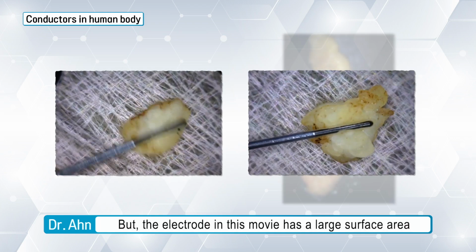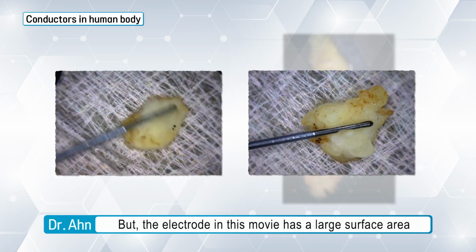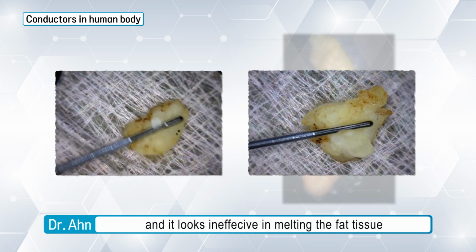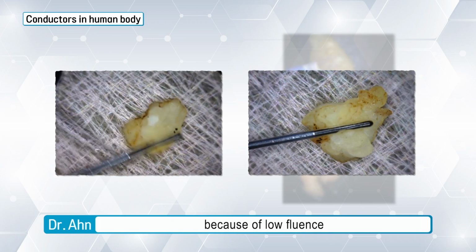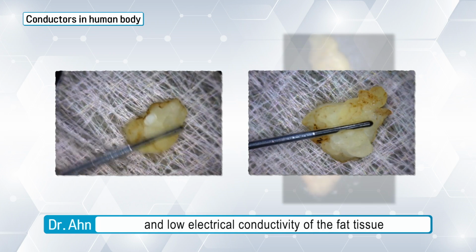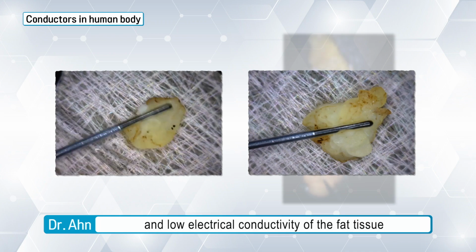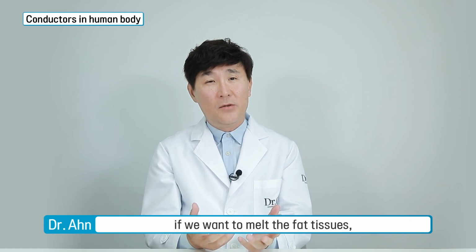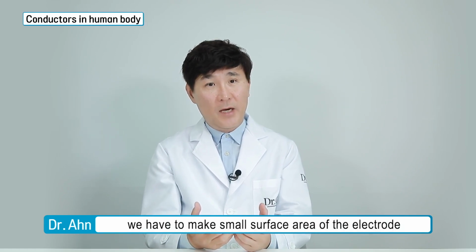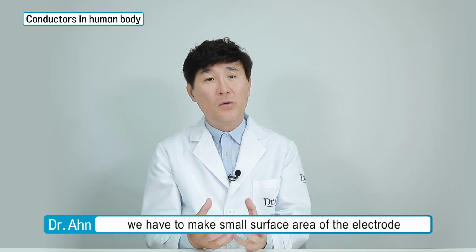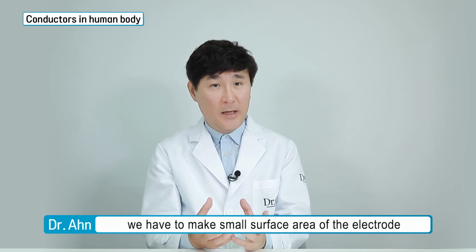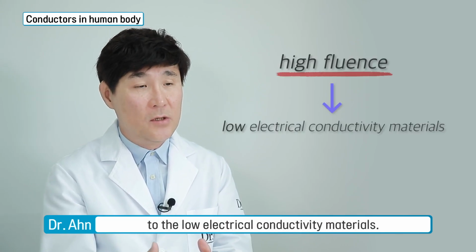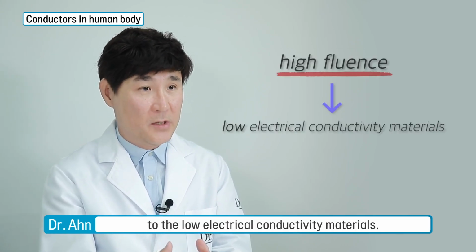But on the left side, which has a large surface area, it is very difficult to melt down the fat tissue because of low fluence and low electrical conductivity of fat tissue. So we can understand that if we need to melt down fat tissue, we have to make a small surface area of electrode, and we have to deliver high fluence to the low electrical conductivity materials.